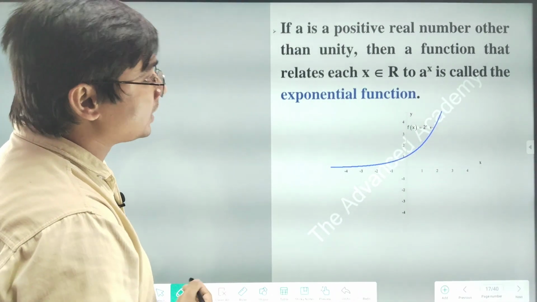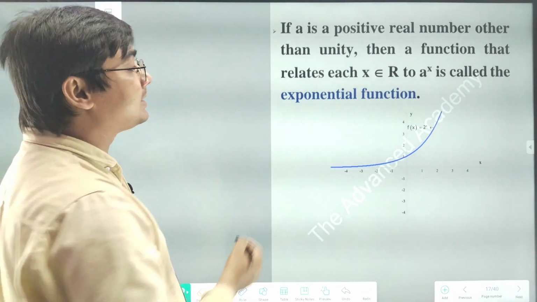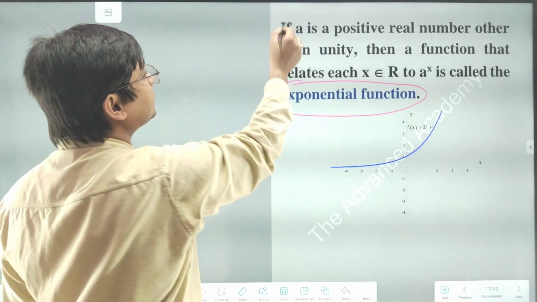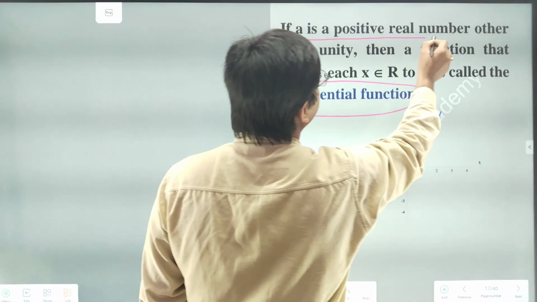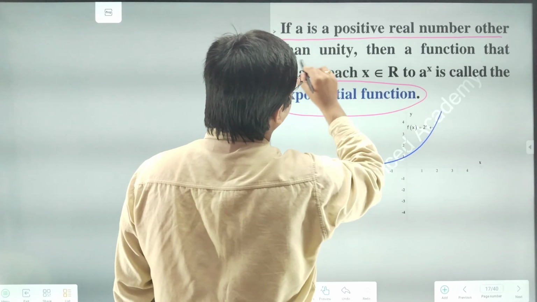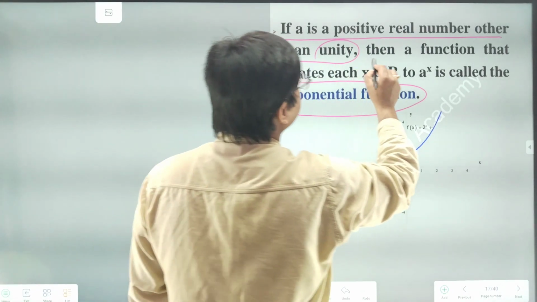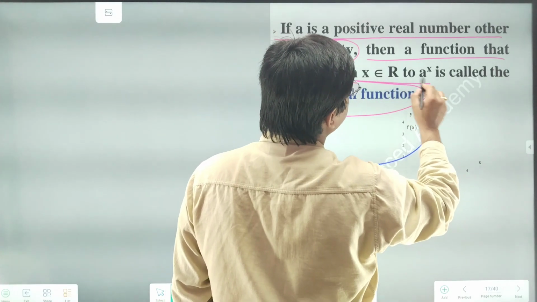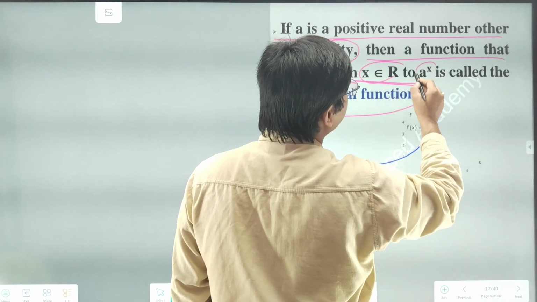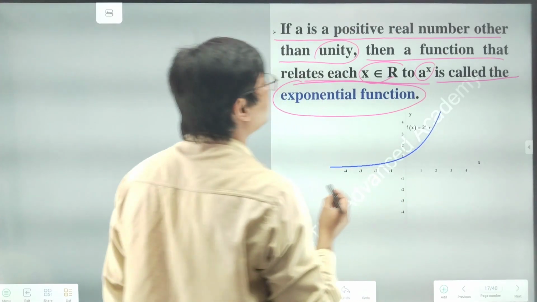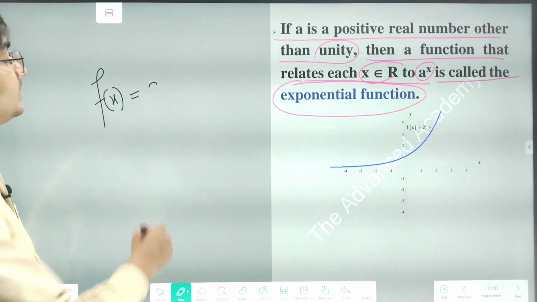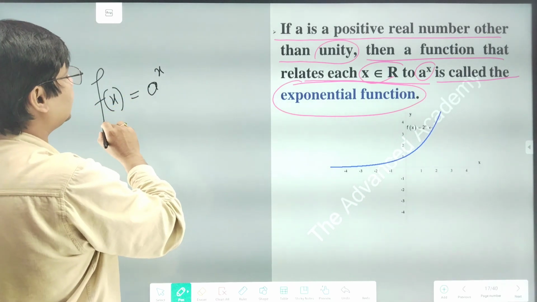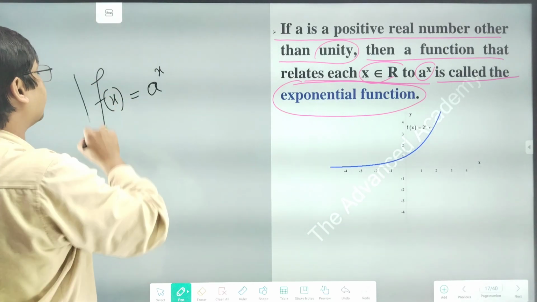Here is another function, which is called the exponential function. You see the definition: if a is a positive real number other than unity, then the function that relates x belonging to R to a to the power x is called the exponential function, f of x equals a to the power x.